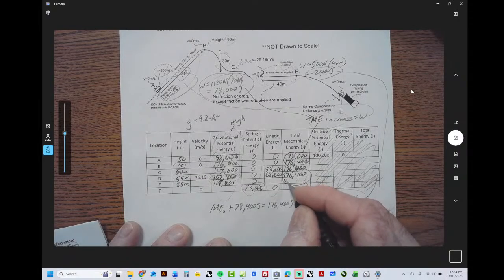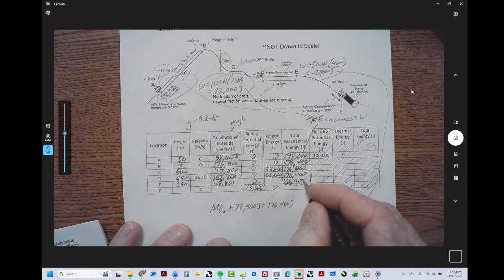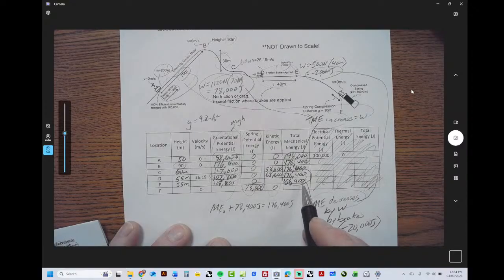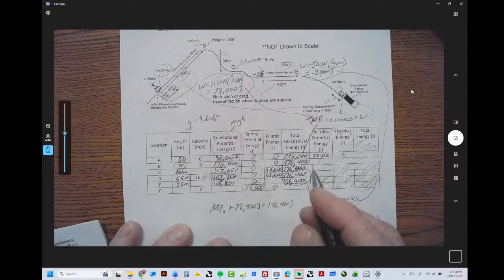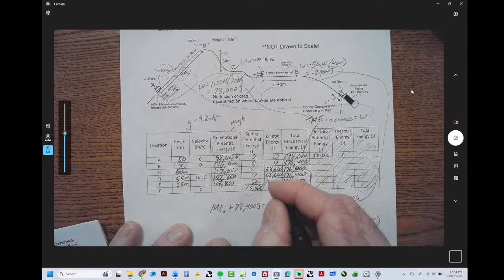This is now 156,400. And that's the total mechanical energy, so all these have to add up to the total, which means this has to be total minus that, which is 48,600.